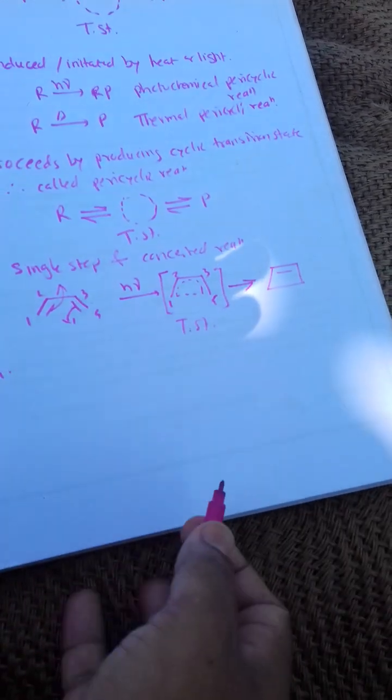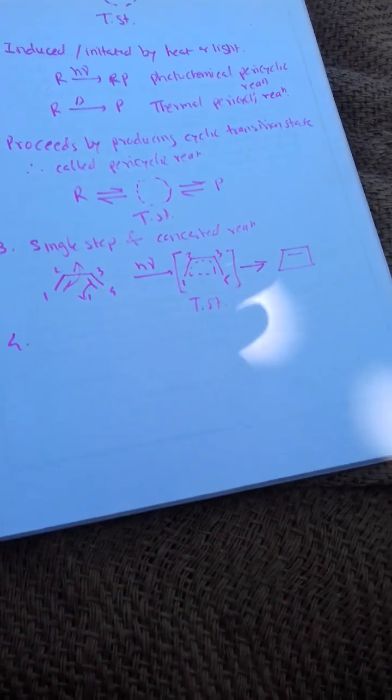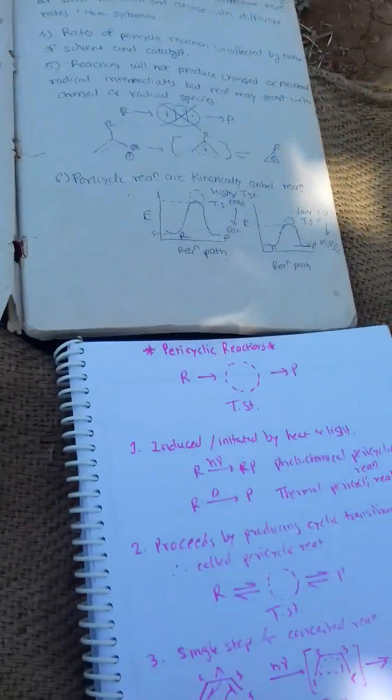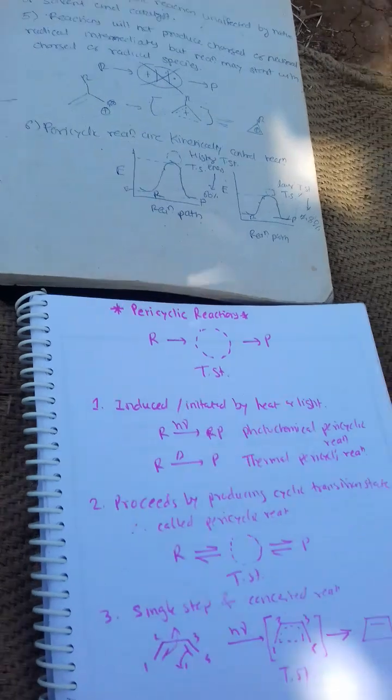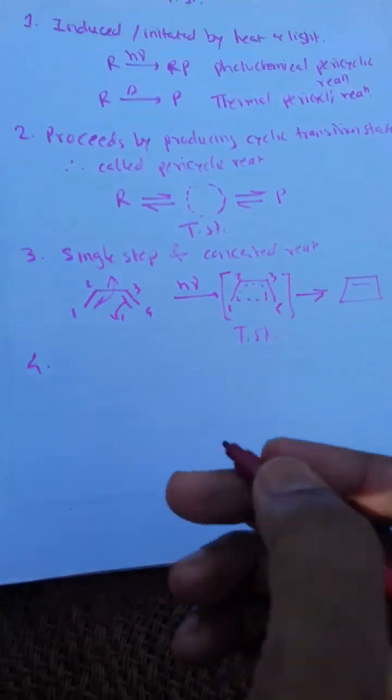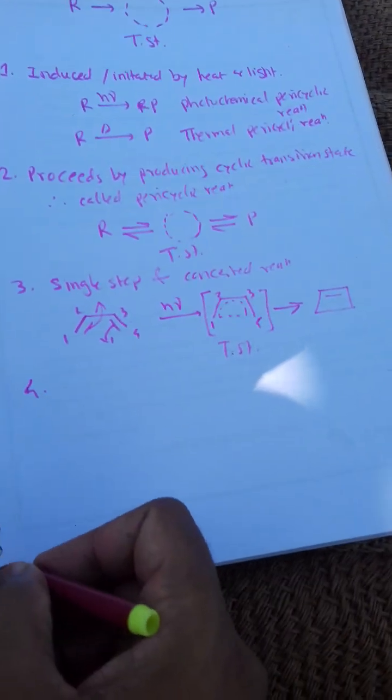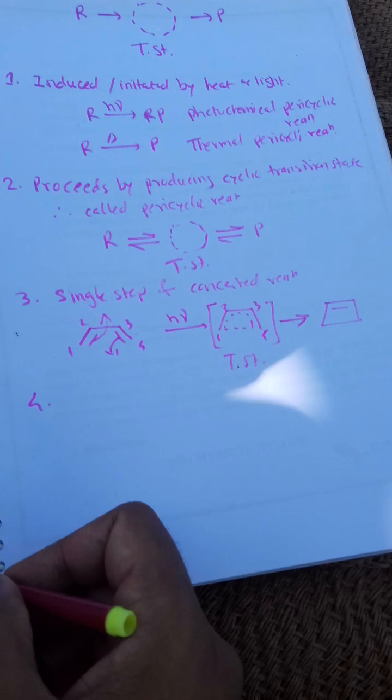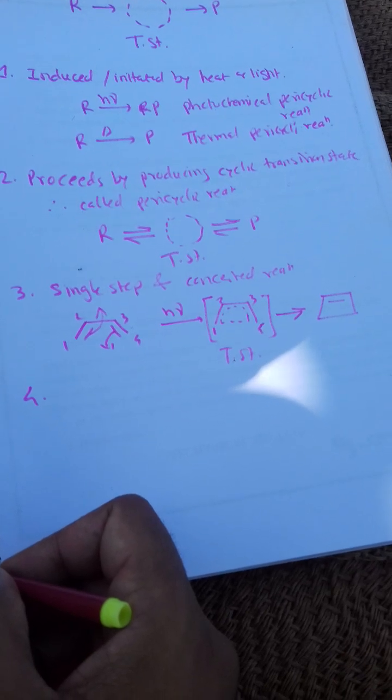The fourth characteristic is the rate of reaction. The rate of pericyclic reactions is unaffected by the nature of solvent and catalyst.